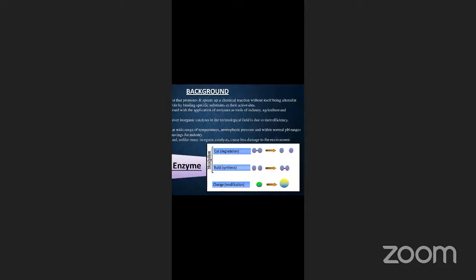The enzymes are able to operate over a wide range of temperature, atmospheric pressure, and even pH. The best example I will give you in recent times is what we discussed during animal cell culture. I told you about the enzymes which help in the isolation or separation of cells.